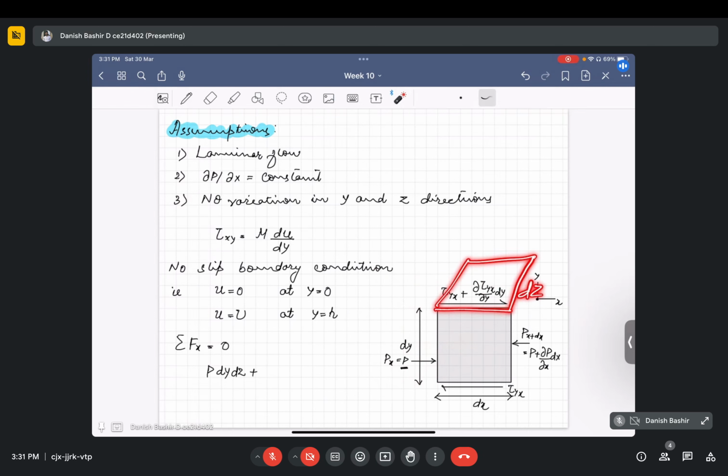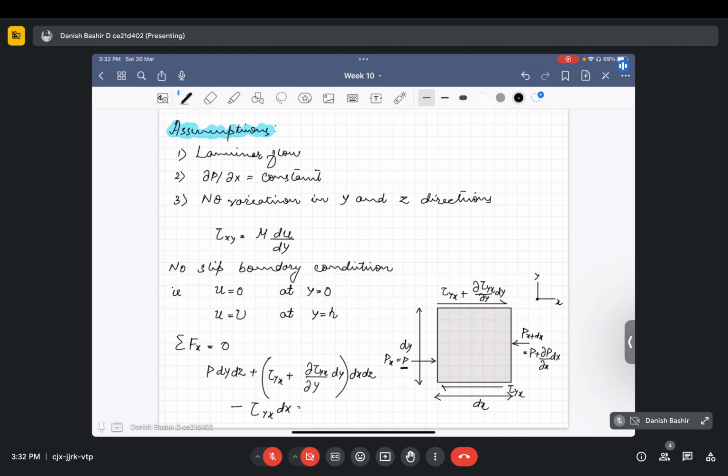So it will be tau yx plus dou tau yx by dou y dy, times dx dz, and then the other terms will be negative, opposite of these: minus tau yx dx dz, minus P plus dou P by dou x dx times dy dz. It will be equal to 0.